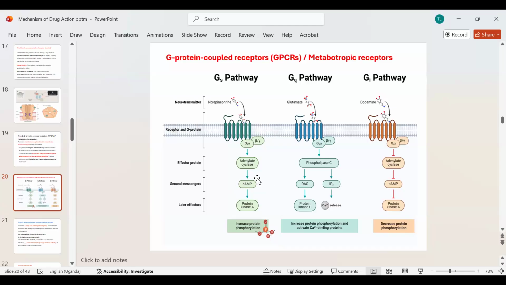In most cases, these come as objectives: we put cyclic AMP, diacylglycerol, IP3, and even protein kinase C, and we want you to pick the right one.